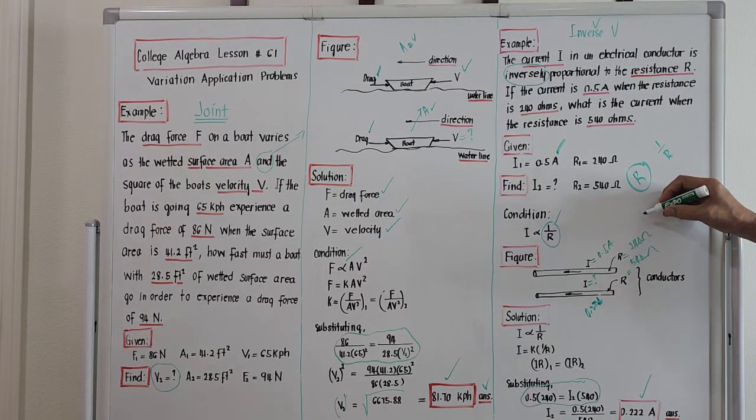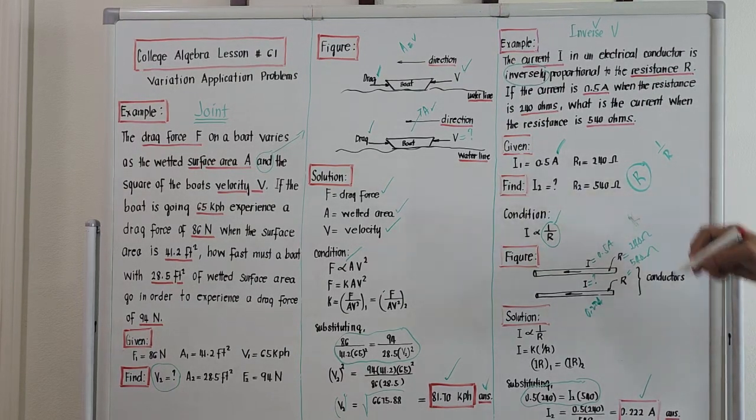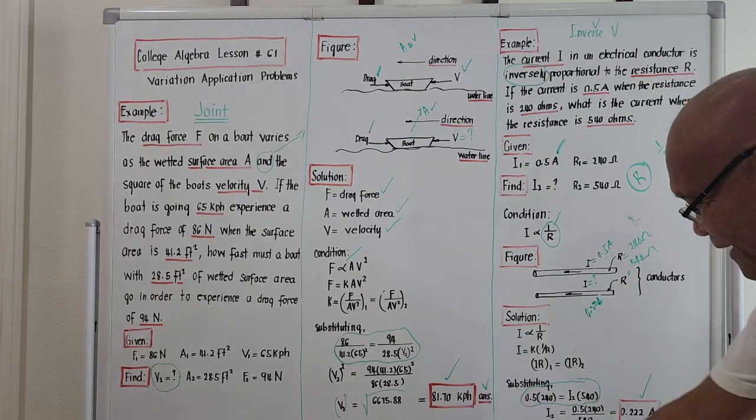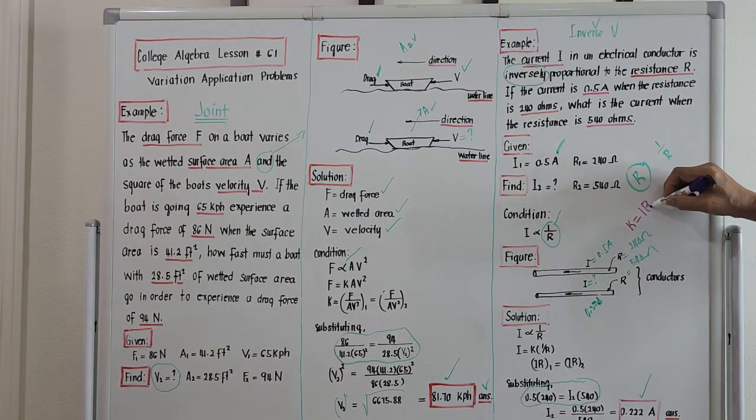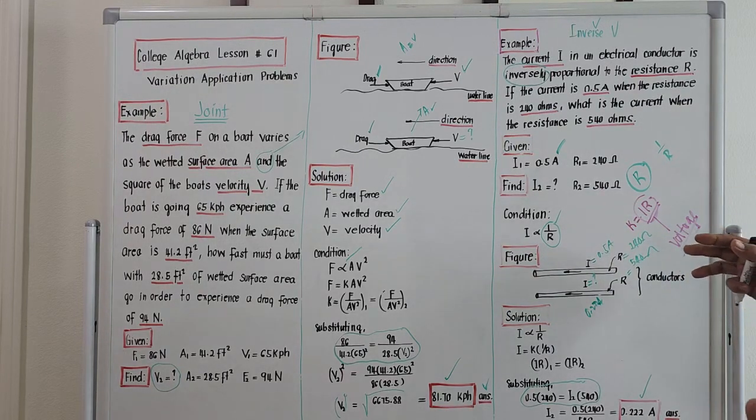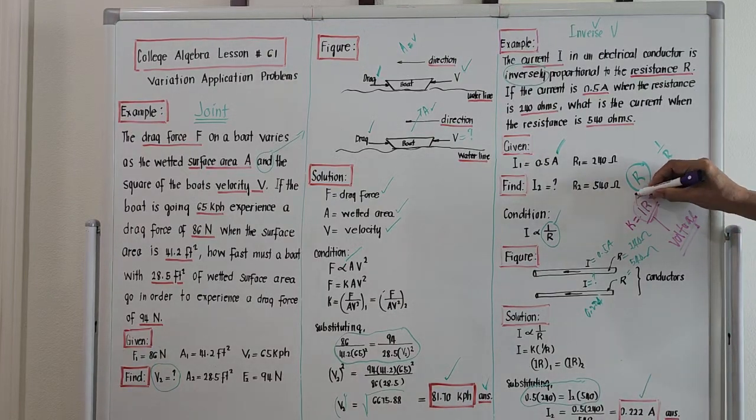You know, guys, why is k what's happening? I just put my new marker. From the equation k is equal to IR, this value here is actually voltage. In any electrical conductor, voltage is the product of current times resistance.